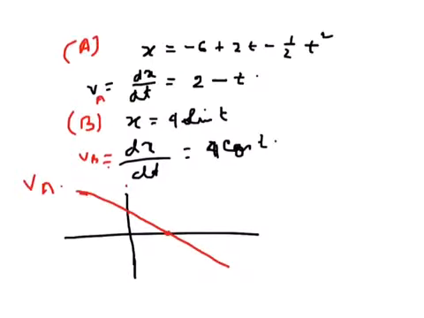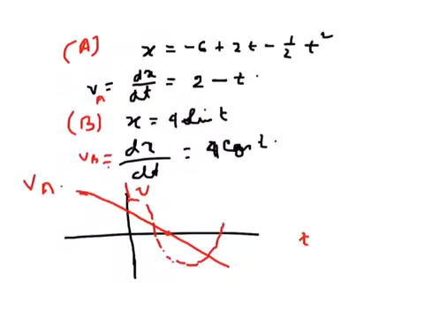And this one, if we plot, is a cosine function. It starts at 2, because when t is equal to 0, v is equal to 2. So this side is t, this side is v. The cosine function starts here, goes to pi over 2, then goes here, and then goes there.